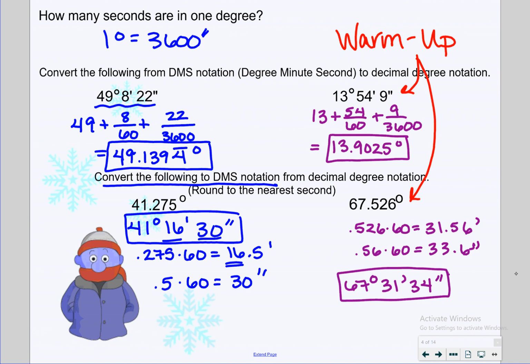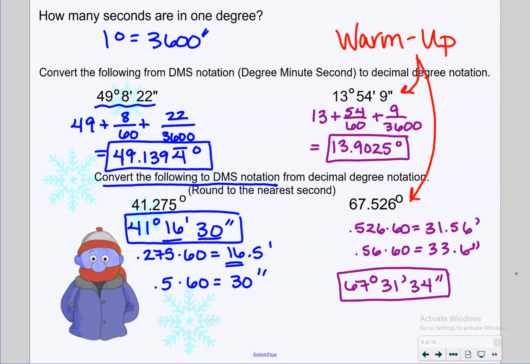The 31 minutes and 34 seconds tell us it's a fractional part of a degree. So whenever you see those, it's just a little bit bigger than the degree measure you see first. So 67 point something, somewhere between 67 and 68. You just want to remember minutes are 60ths and seconds are 3600ths, just like if we think of our degrees like an hour, it'll make those conversions easy.